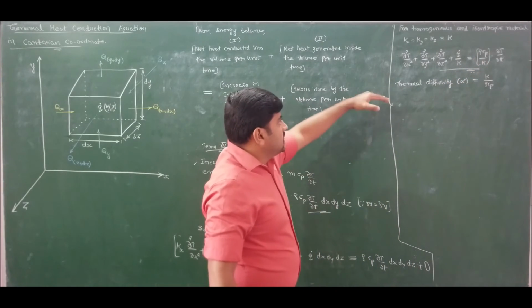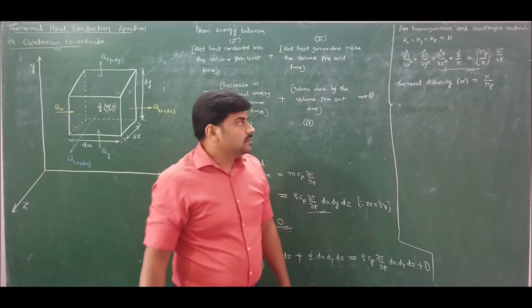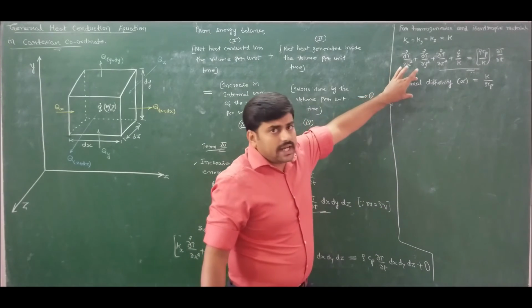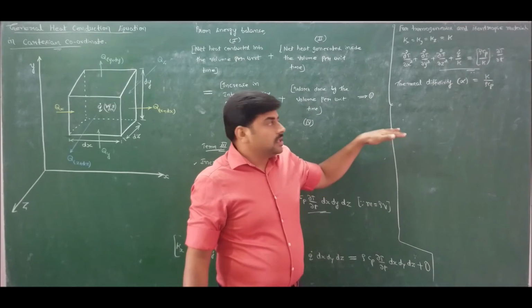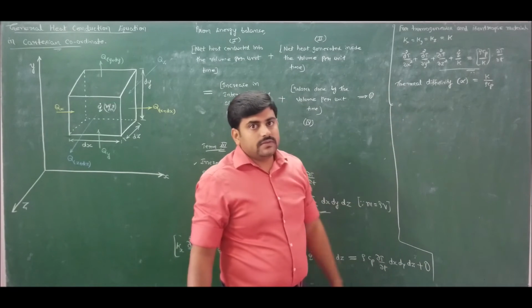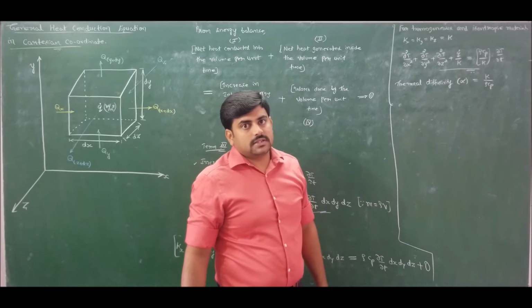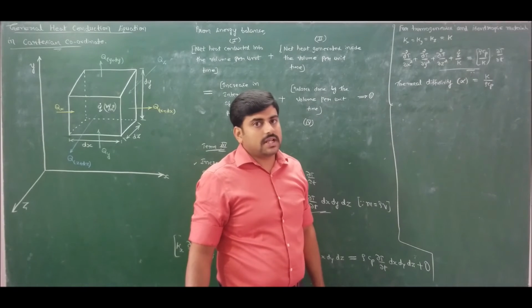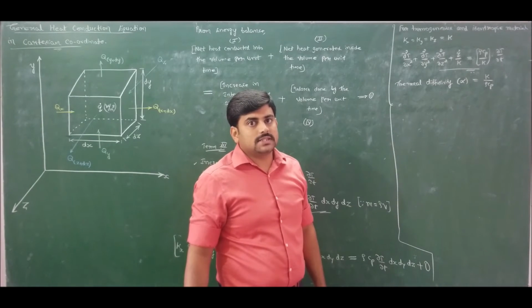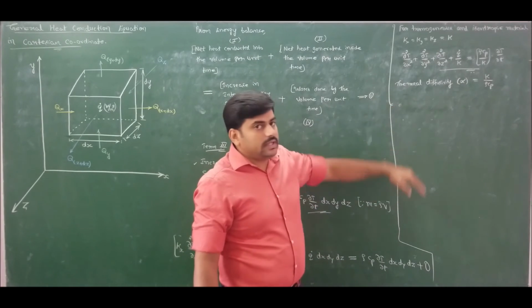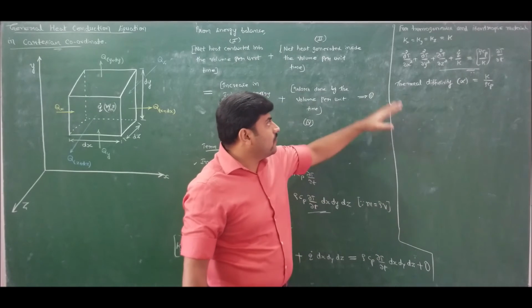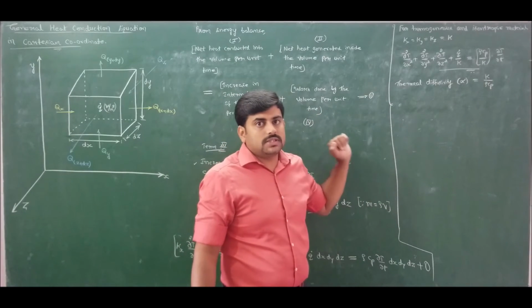The significance of thermal diffusivity is that it gives us an idea how fast heat can penetrate into the system. The analogous quantity for thermal diffusivity is kinematic viscosity, which gives us an idea how fast viscosity is penetrated in the fluid. Similarly, thermal diffusivity will give us an idea how fast heat can penetrate through the system.